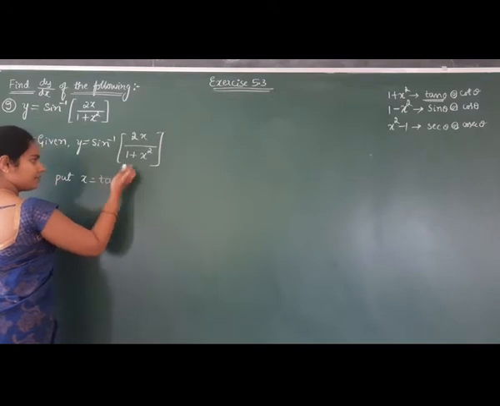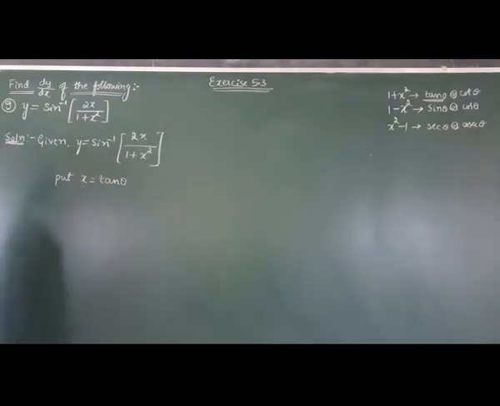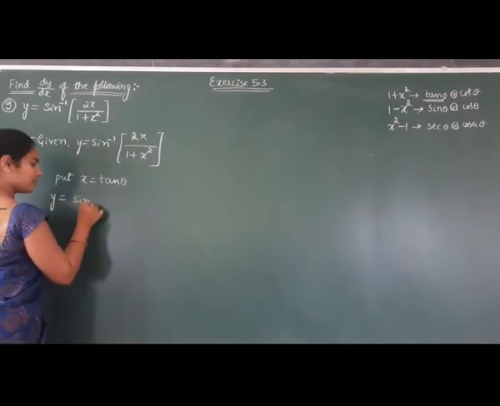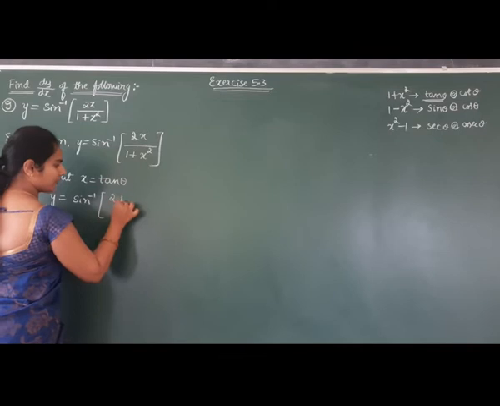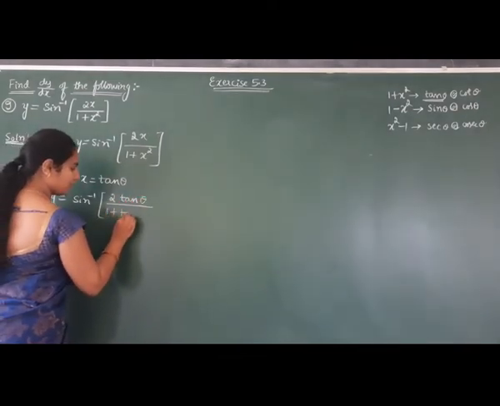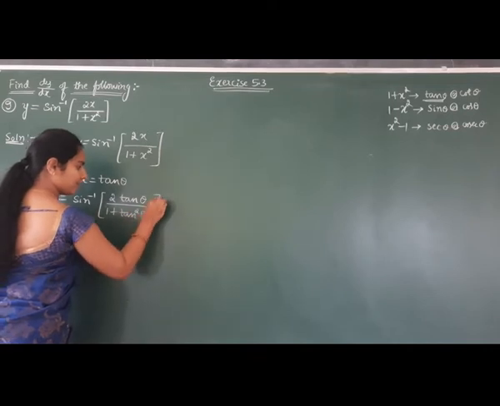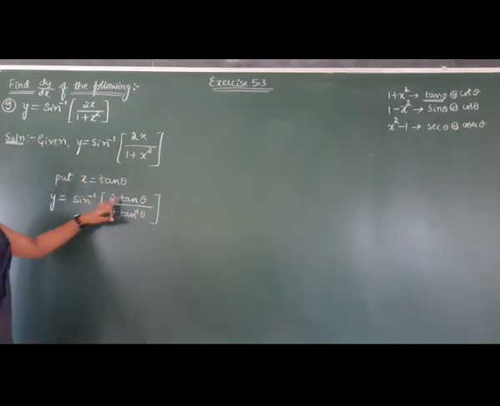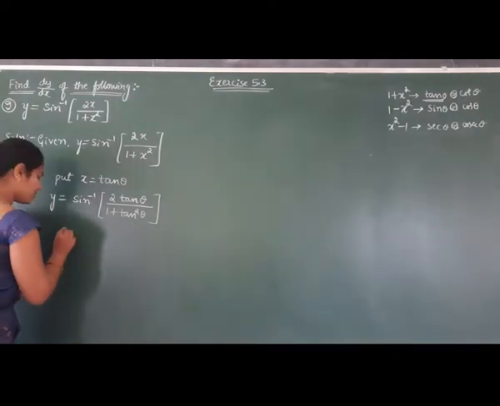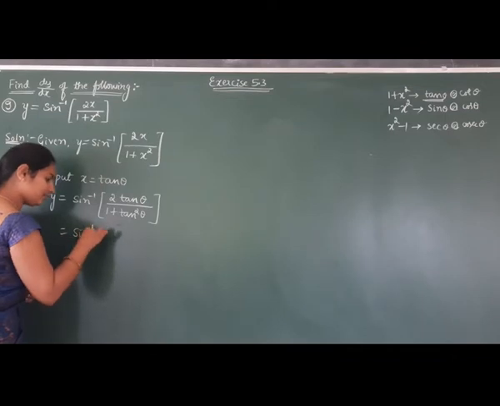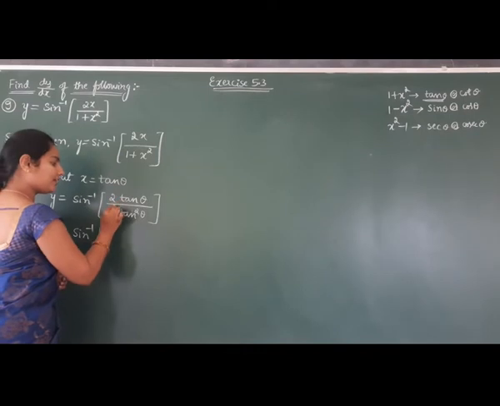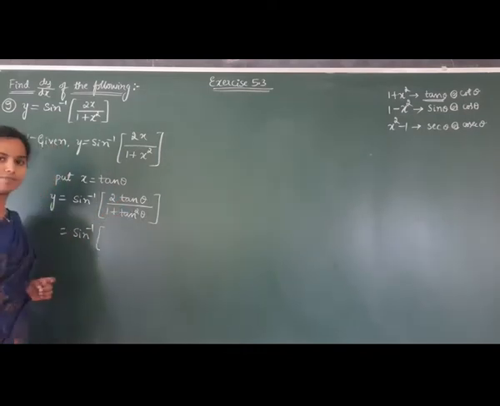So here x is equal to tan theta. Then we have y is equal to sin inverse of 2 tan theta divided by 1 plus tan square theta. So what is 2 tan theta divided by 1 plus tan square theta?